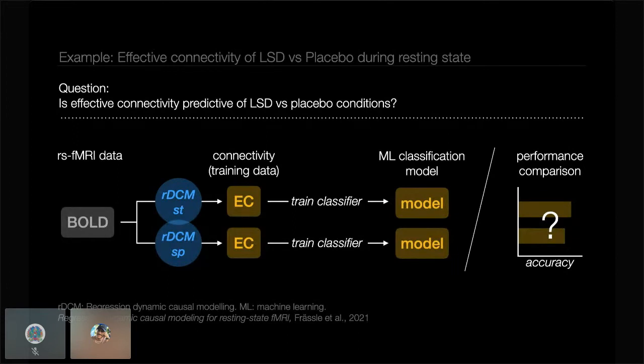Then the region-to-region connection strengths will act as features on which we'll train machine learning classification models, which classify the connectivity datasets by condition as LSD or placebo. Then using cross-validation, we can gauge the accuracy of these two classification models and compare their performance.